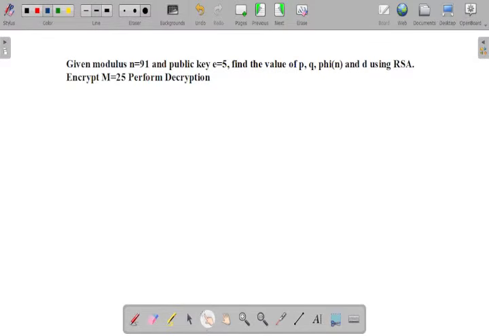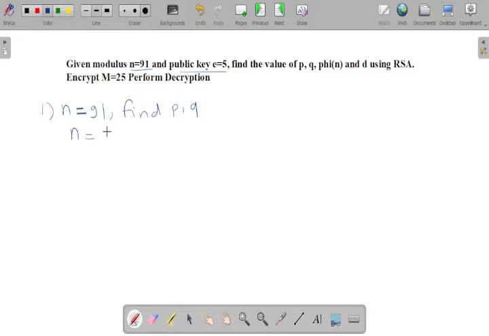So in the given example, the values are n is equal to 91 and the value of our public key E is equal to 5. So first of all, we are writing here the value of n is equal to 91. Now we have to find the values of P and Q. So we have to check what the factors of 91 are.